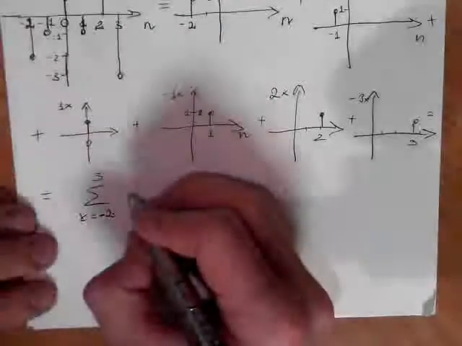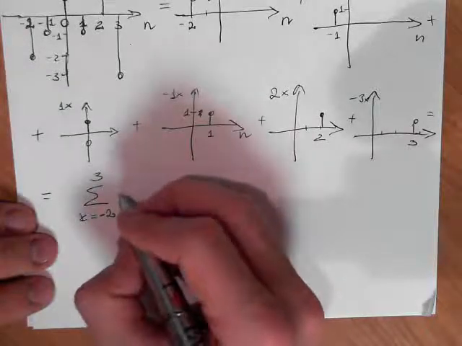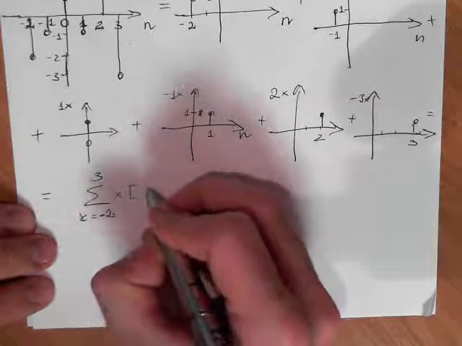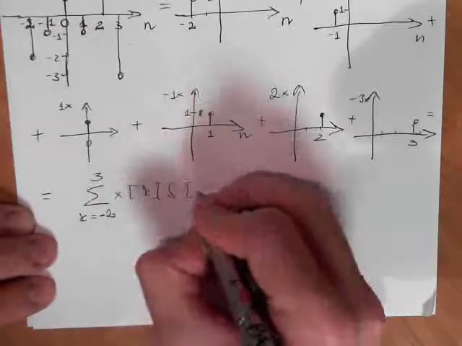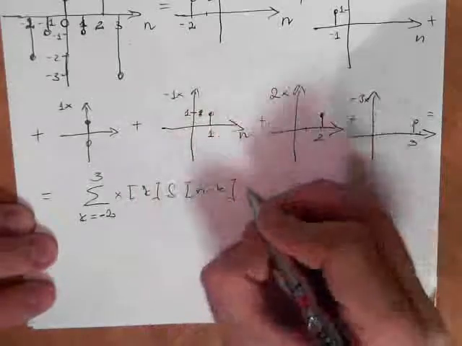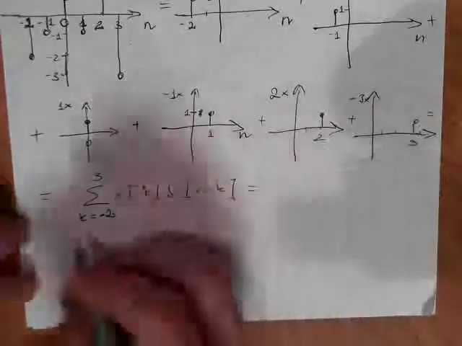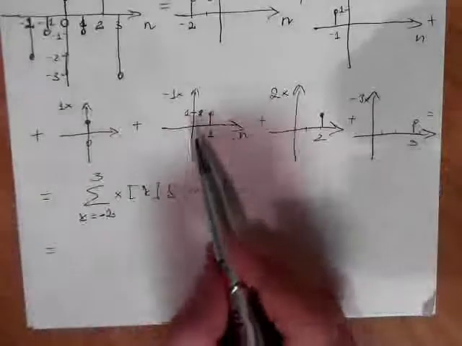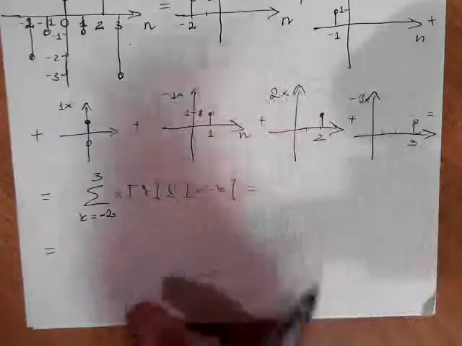And it is the sum of x_k delta n minus k. This is just a basic formula that we can write, but in general this sum we represent like this, and this is the main thing that I want you to know.